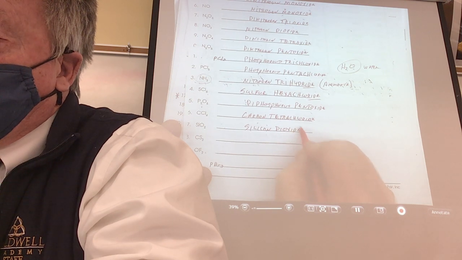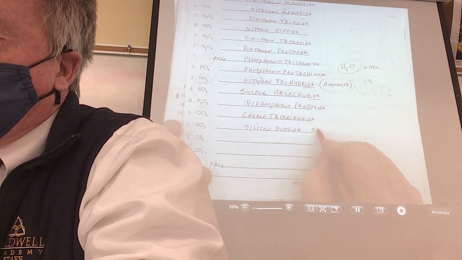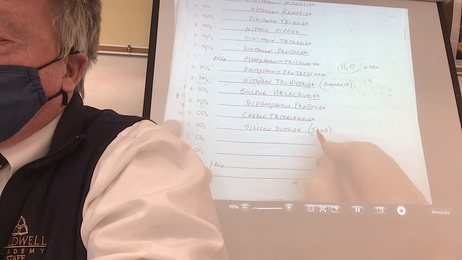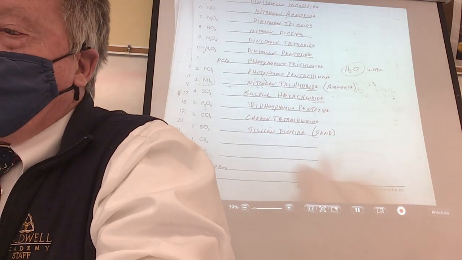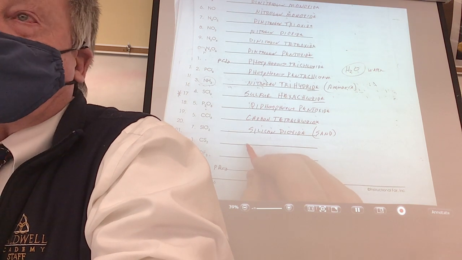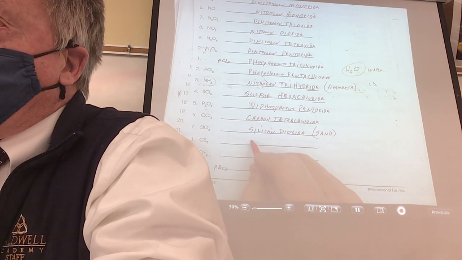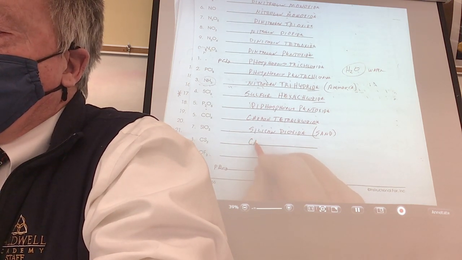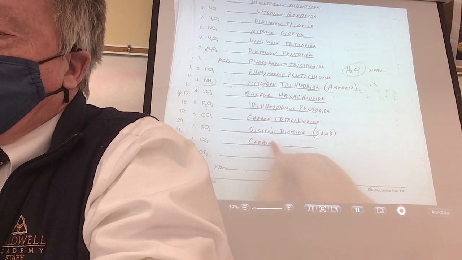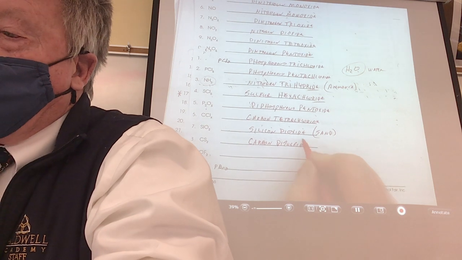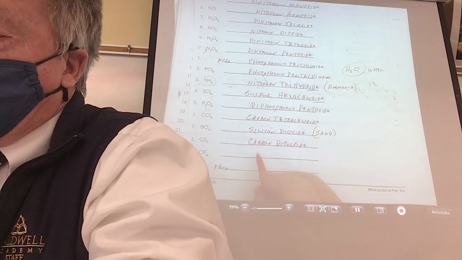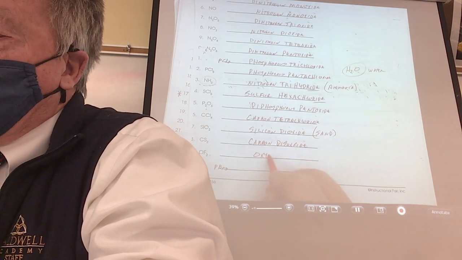By the way, you know what we call that when we go to the beach? Sand. Sand is silicon dioxide. Yes. Okay, ready? Next one. Carbon disulfide. Yes. All right. Next one. Taylor. Oxygen difluoride.